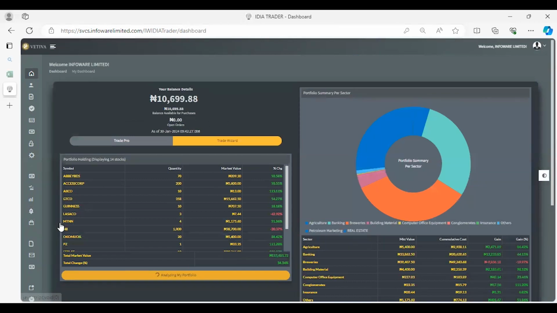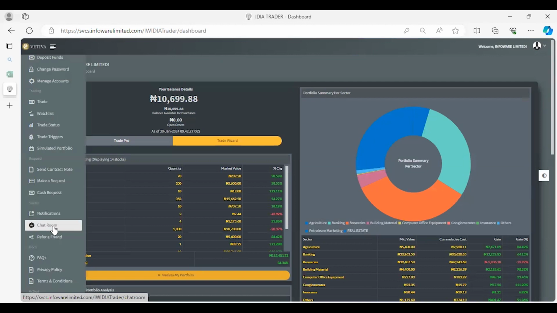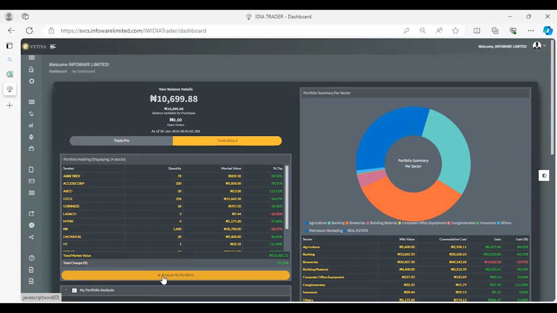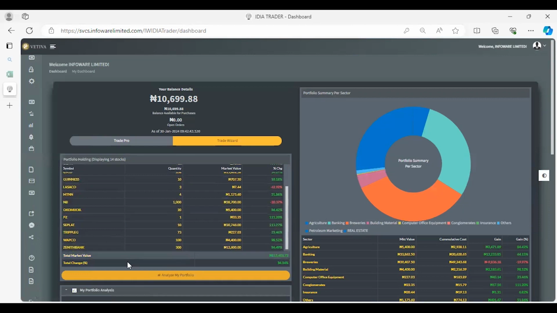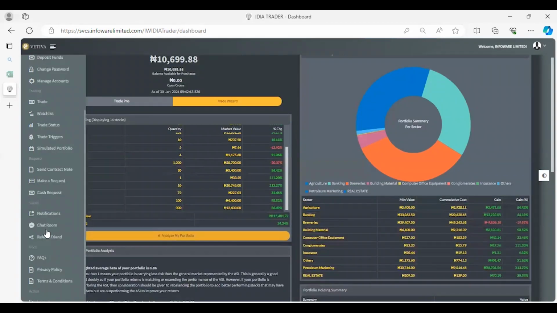And then you also have opportunities to join a chat room as well. One of the things about a chat community is that when you're investing, sometimes you want to create a community around it and hear what other people have to say about the investment experience.